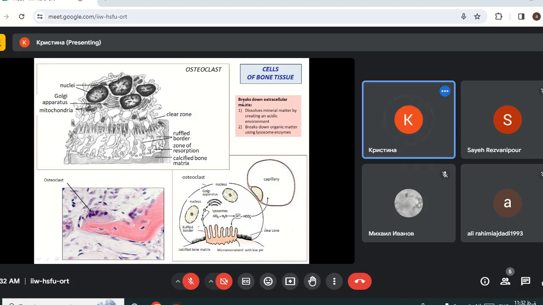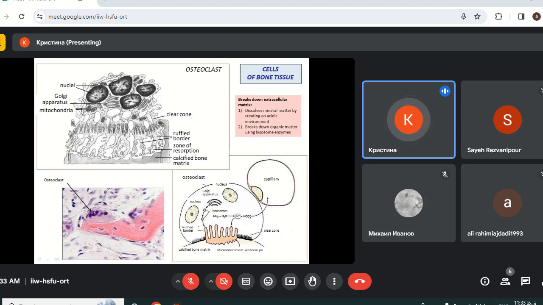So when we have dissolved the inorganic mineral matter of the extracellular matrix of the bone, then the collagen fibers and all other organic materials can also be broken down, and these are broken down with the help of lysosome enzymes.